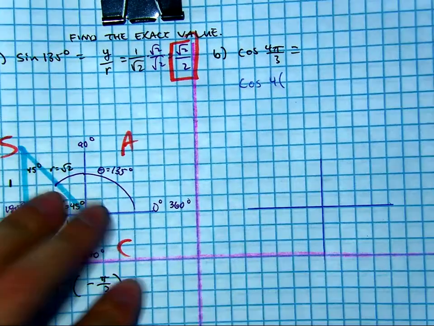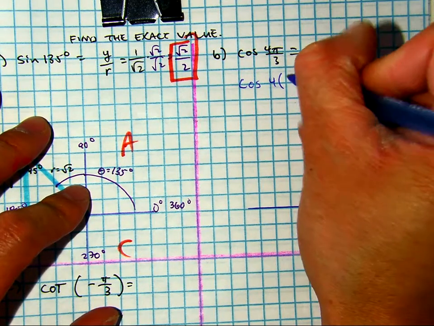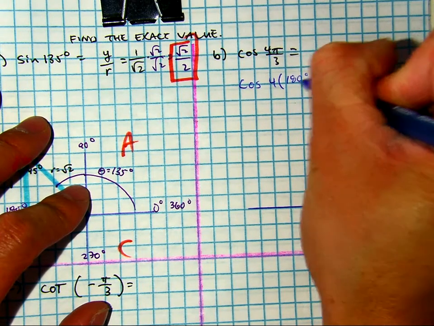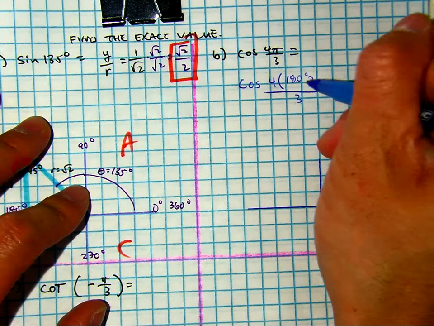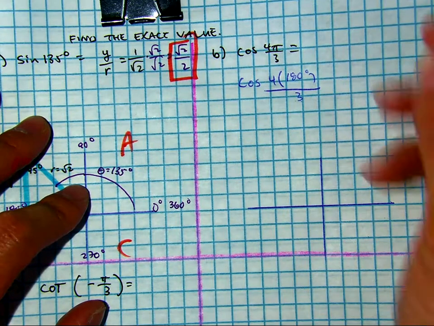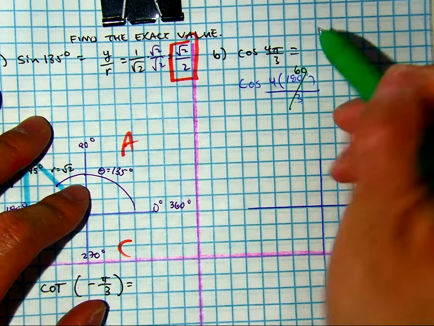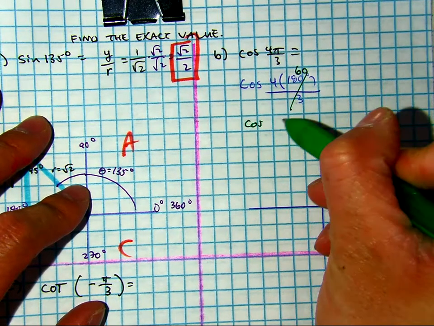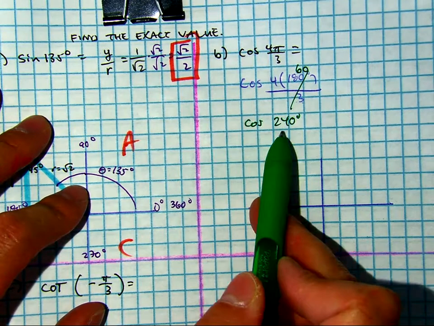You can use my trick, or you can use the awesome proportion. I'm going to use my trick. Pi is equal to 180 divided by 3. 3 goes into 180 how many times, class? 60. And class, 4 times 60 gives us 240. So cosine of 4 pi over 3 and cosine of 240 are the same thing.